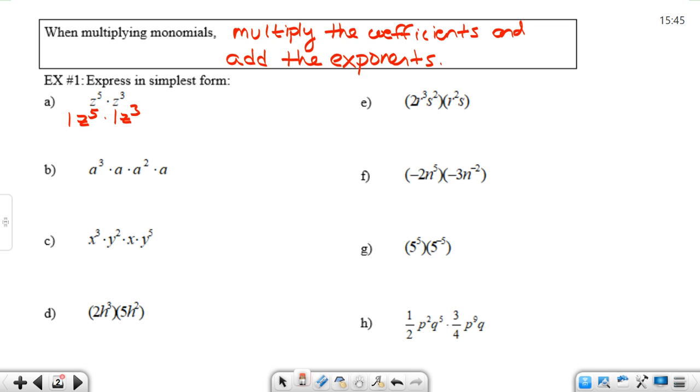Now, what I'm going to suggest that you guys do here is to kind of group the like bases together. So what I mean by that is I'm going to have you guys put the coefficients next to each other and then put the like bases next to each other.